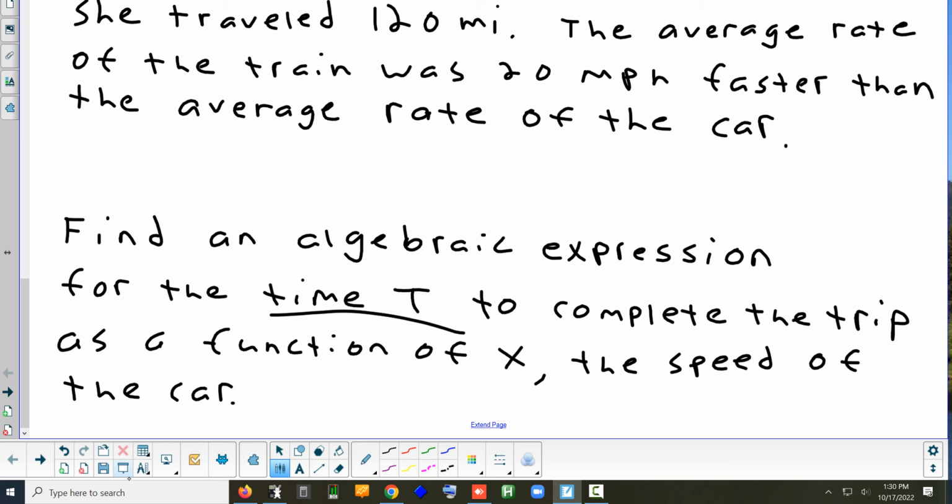So what would you do with those 2 times to find the total? Yeah. Use the total distance divided by the rate. So if you know the amount of time she's in the car and you know the amount of time she's on the train, we would take those 2 times and do what to get the total? How would you combine them?